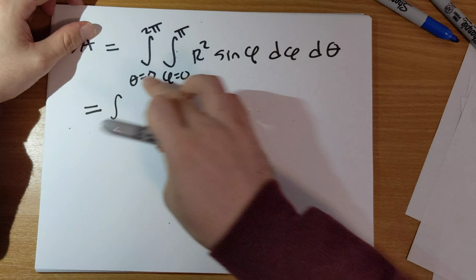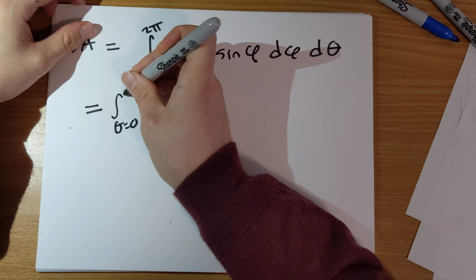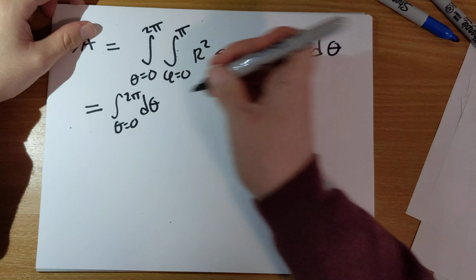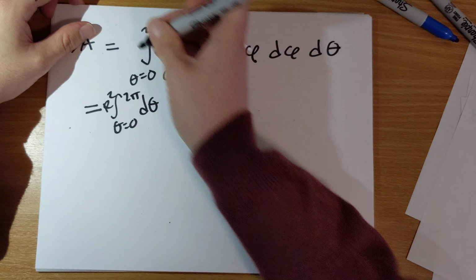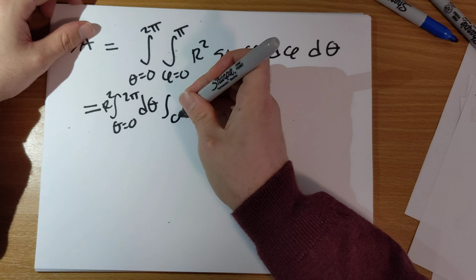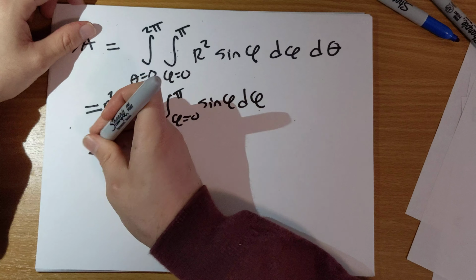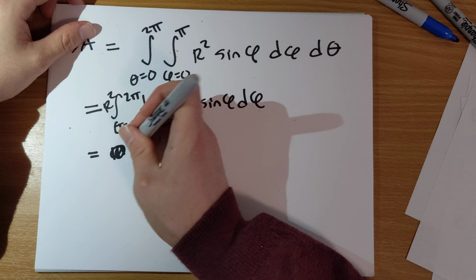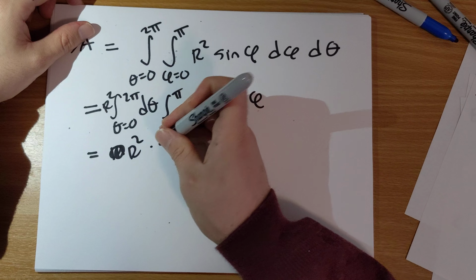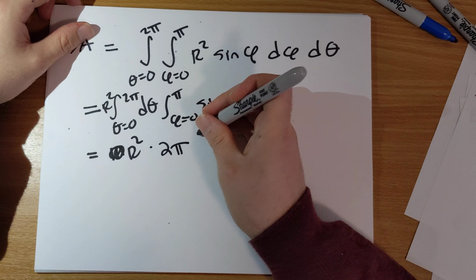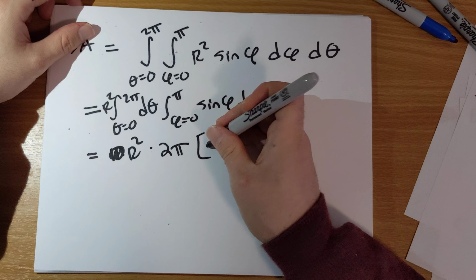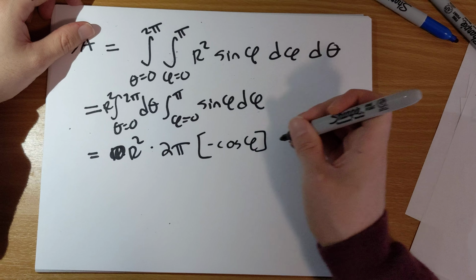I can rewrite this as the integral of theta from 0 to 2 pi d theta, pulling out that r squared in front of everything, times the integral of phi from 0 to pi of sine phi d phi. So this is going to be r squared. This will give us 2 pi. The antiderivative of sine phi is negative cosine phi.